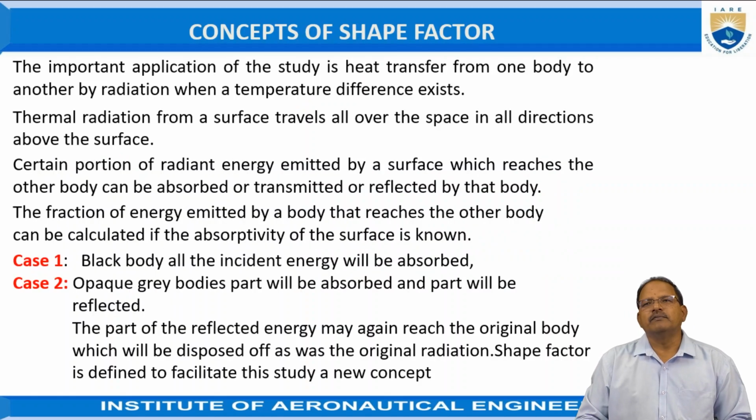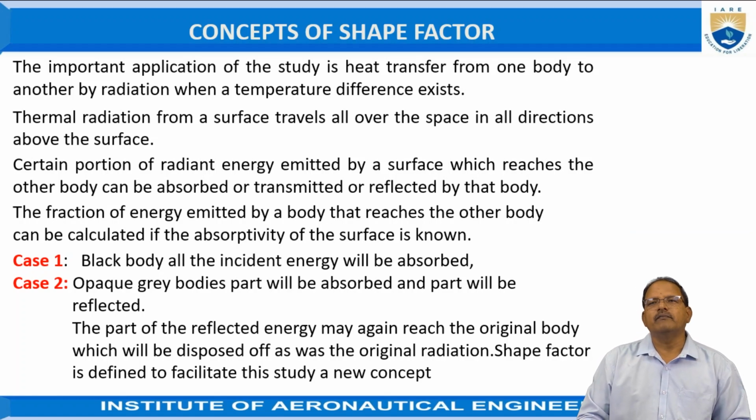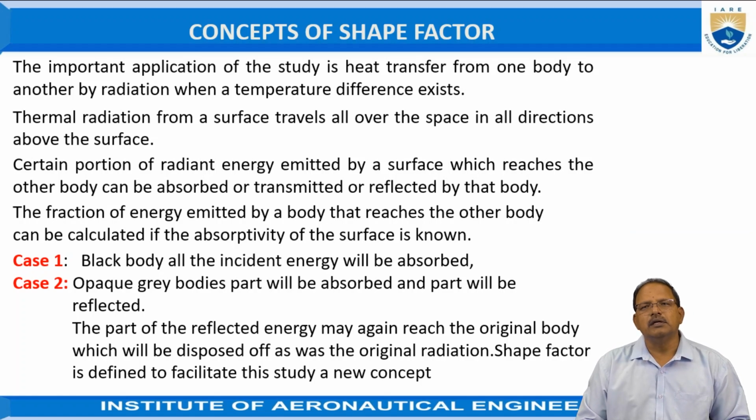Here the concept of shape factor. The shape factor is most important to determine the amount of heat energy that is transferred to a particular body by the radiation process. The thermal energy radiation from the surface generally travels all over the space in all directions above the surface.